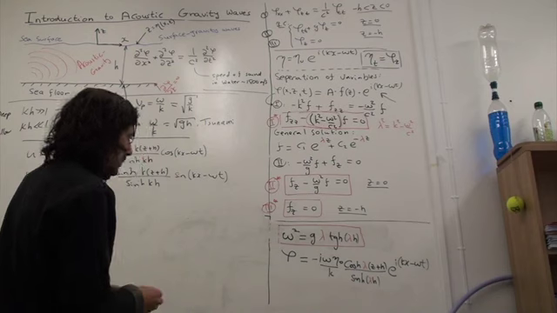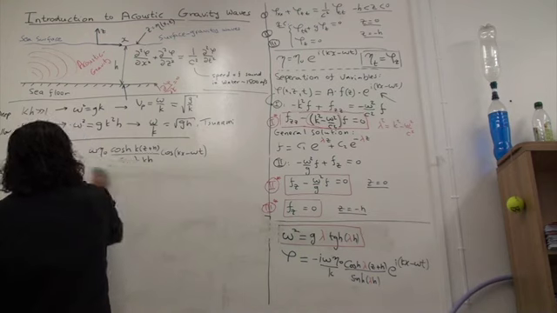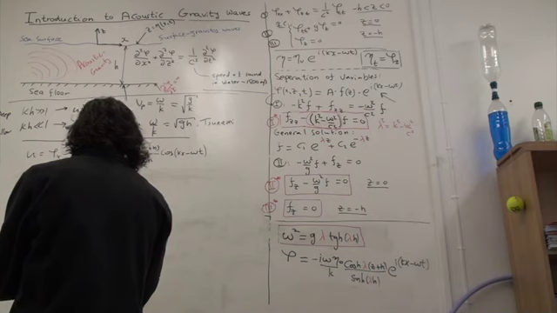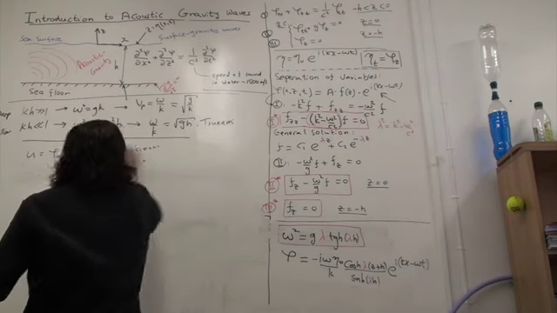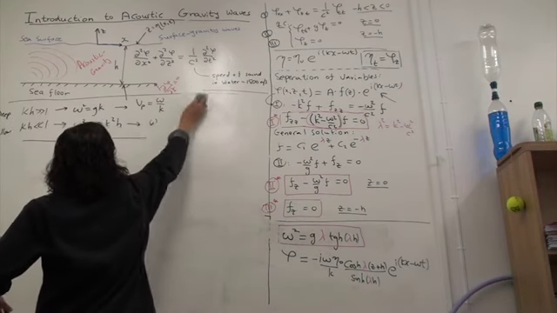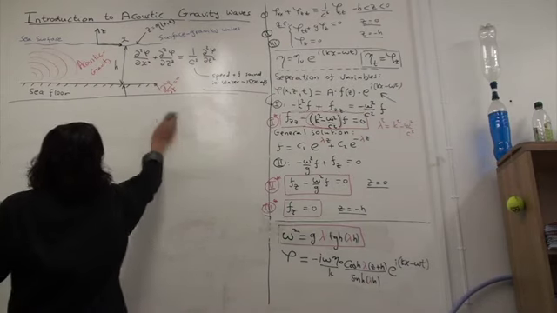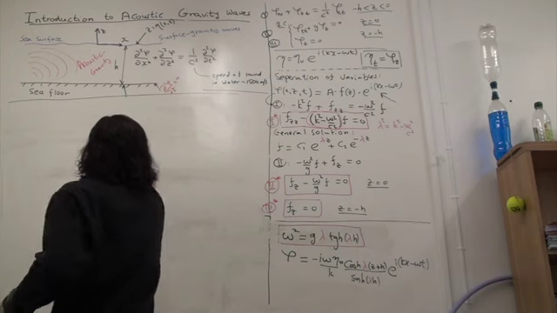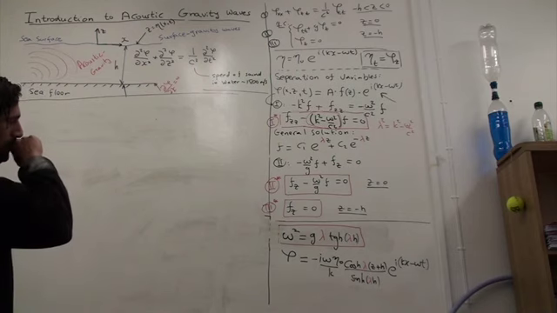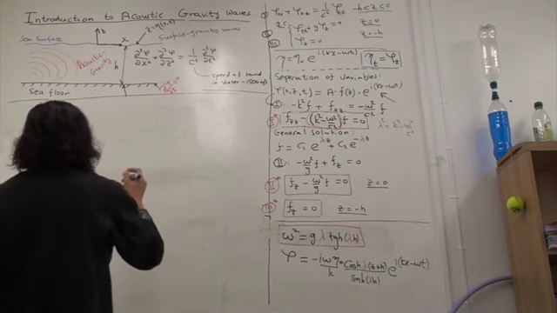So what do we have now? What difference does this make? Okay, let's see what difference this makes. I'm going to start from here. Having lambda squared, I'll write it here again.